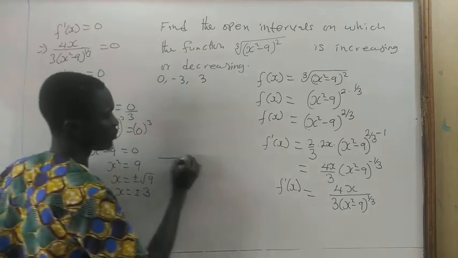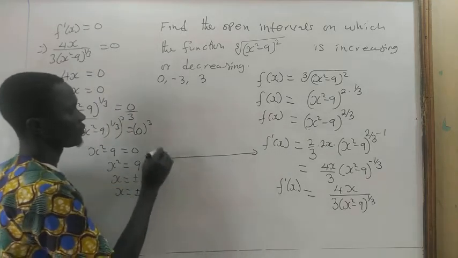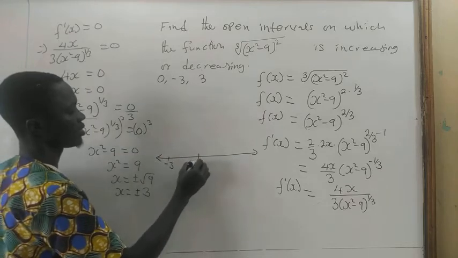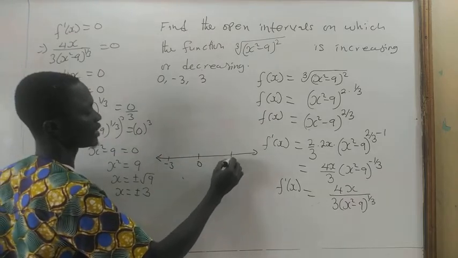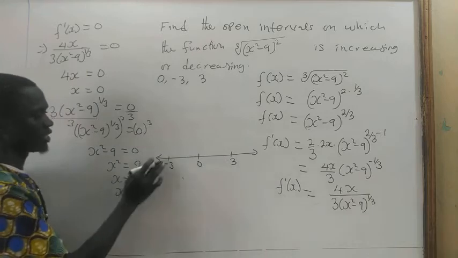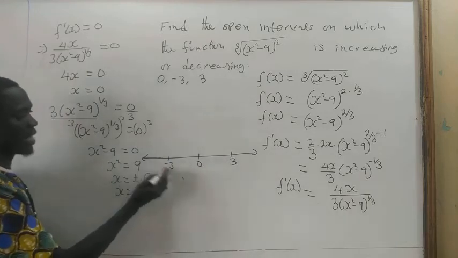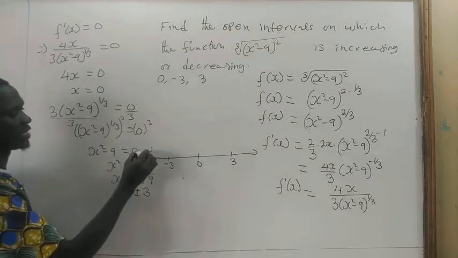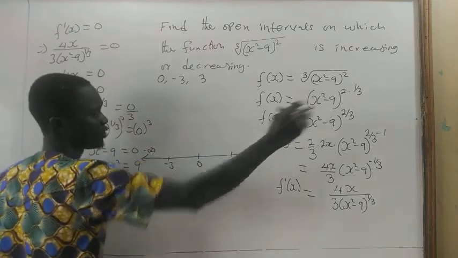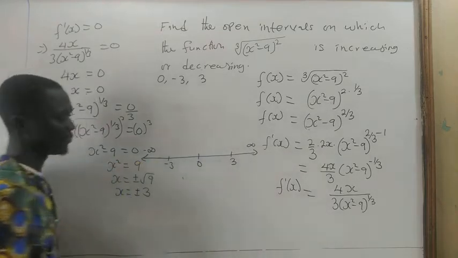Now, if you look at these 3 points on the number line, we have negative 3, 0, and positive 3. As we move to the left side, we go up to negative infinity, and as we move to the far right side, we go up to positive infinity.